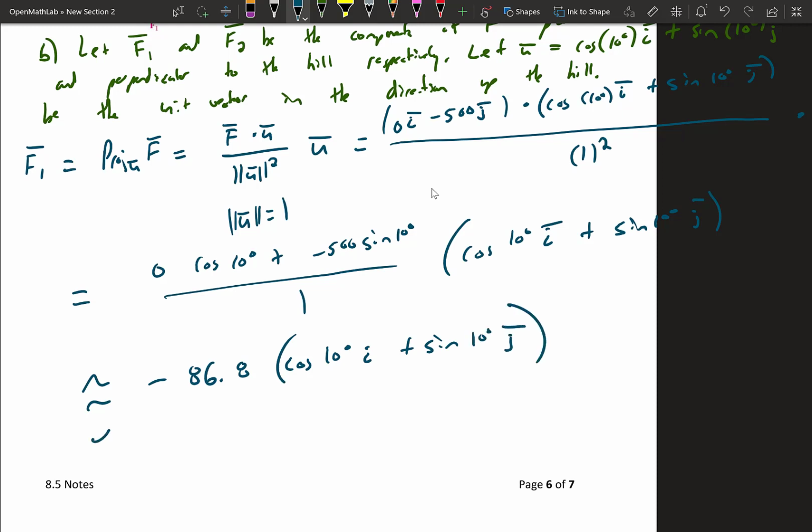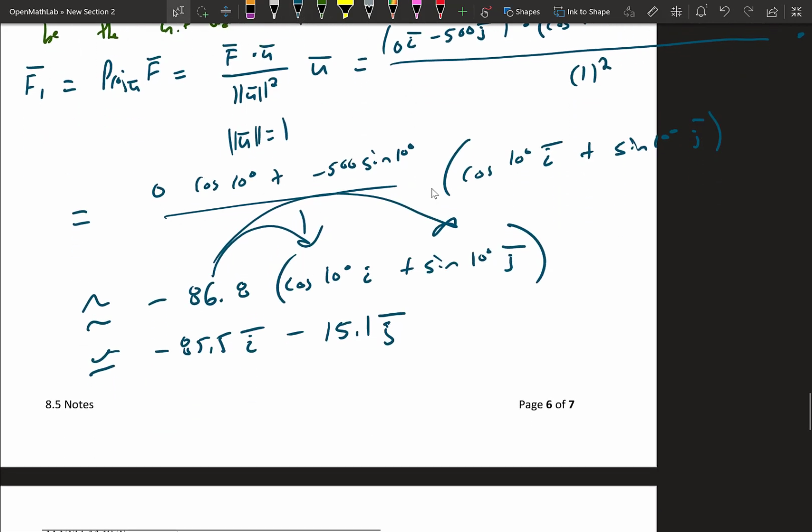And this gives me approximately negative 85.5 times i minus 15.1 times vector j. So that's just taking the scalar times each piece and rounding that, so that's what we get.